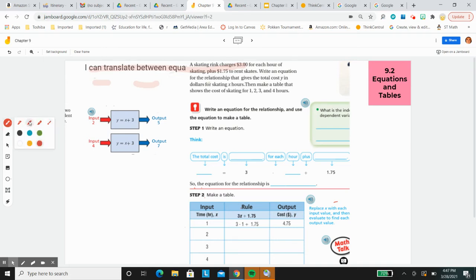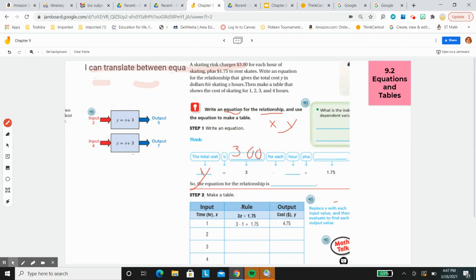Okay? So we're going to write an equation right now for the relationship between x and y. I want to know what's happening from the independent variable to the dependent variable. So the total cost is going to be my dependent variable. This is going to be y, is equal to 3. This is what it costs each hour, right? This is my constant.